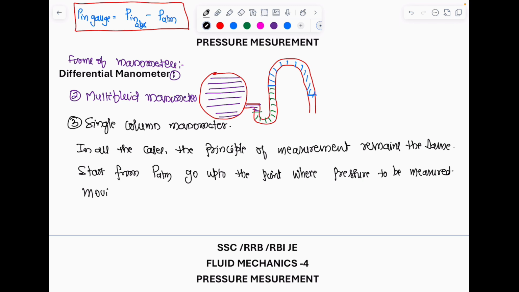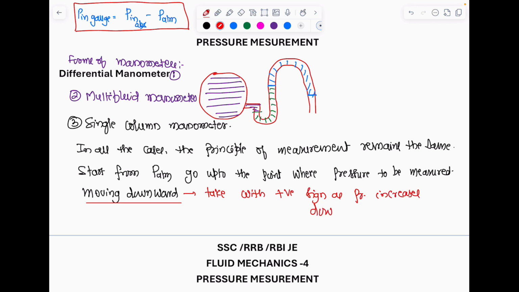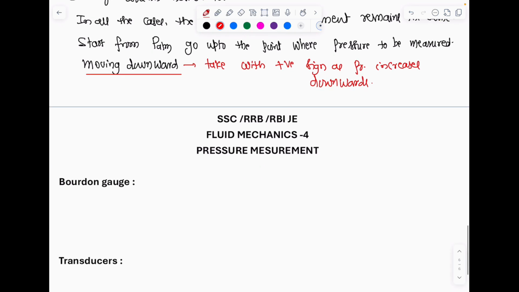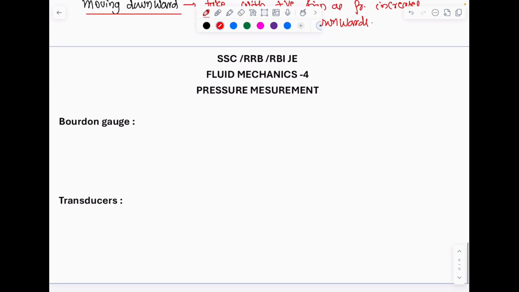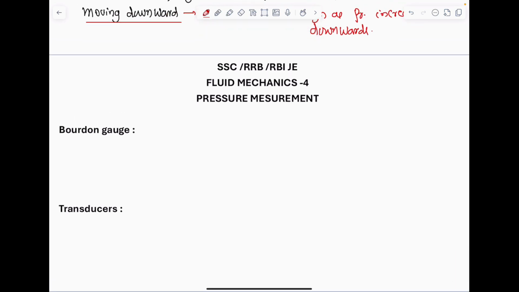Moving downwards, this is very important, moving downwards, take with positive sign, as pressure increases downwards. This is the principle of measurement for manometers.